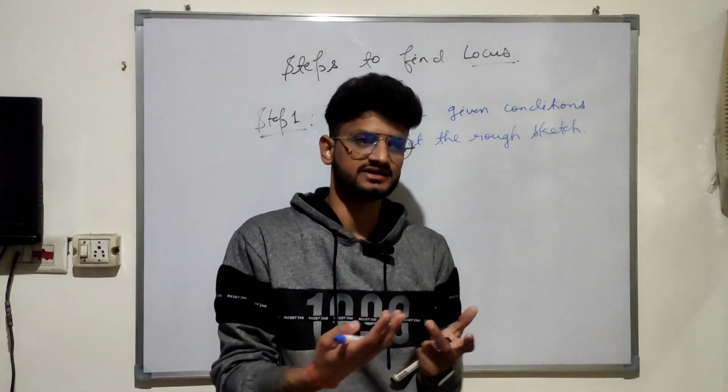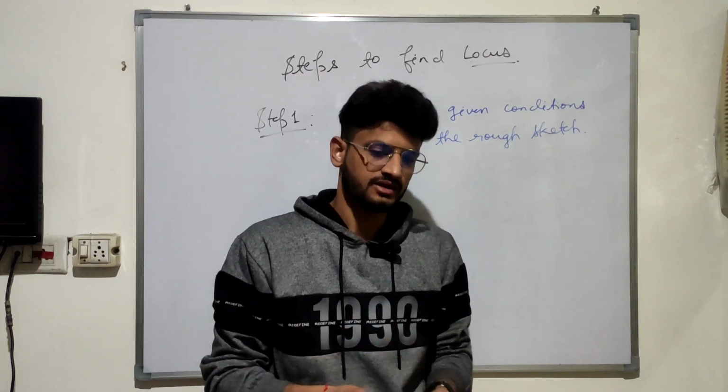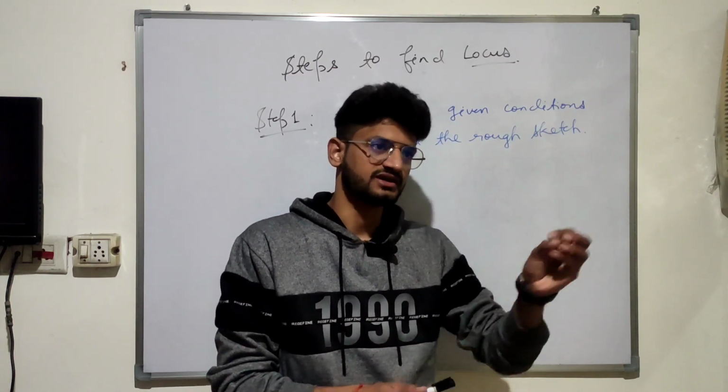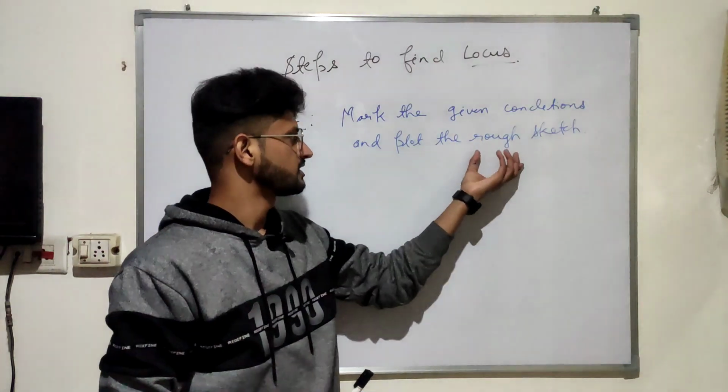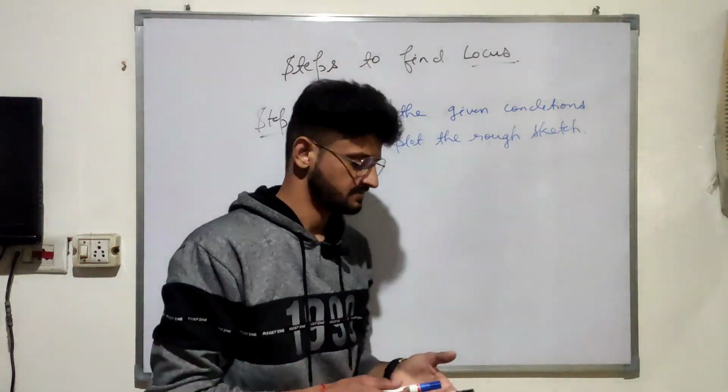Suppose it is given that a point is moving in such a way that it follows certain conditions. Those conditions we will plot into a rough sketch to solve our problem.